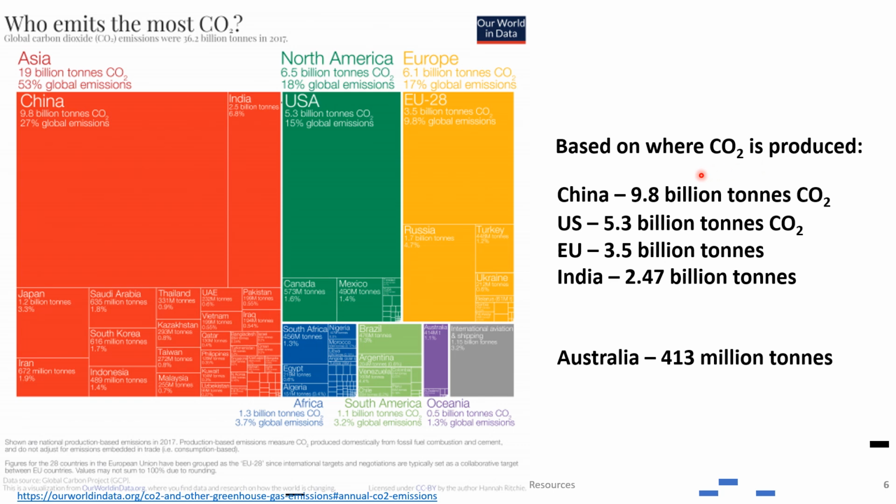All right. So based on the production or most emission of CO2, China leads the way. China right now has a lot to do with CO2 emissions in terms of production. It's around 9.8 billion tons of CO2, and that's almost double the US. The reason for this is that these days China also leads the way in the production of renewable energy technologies.